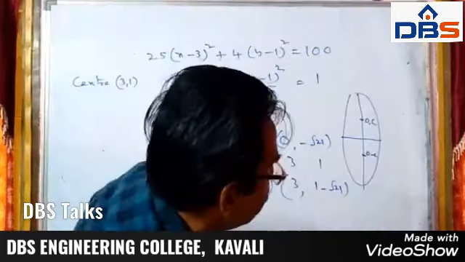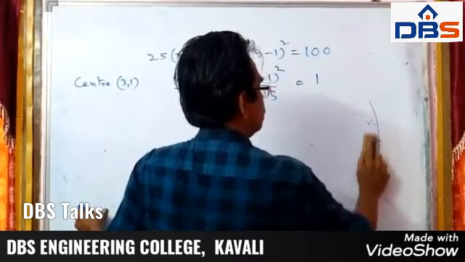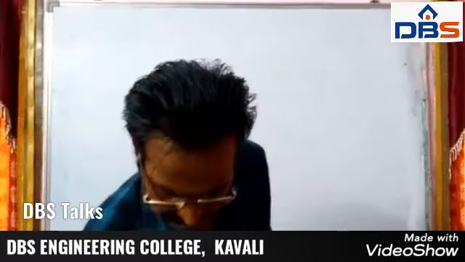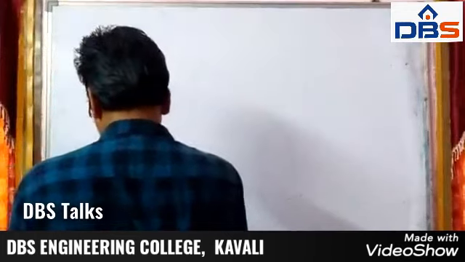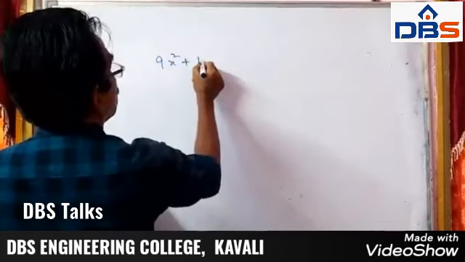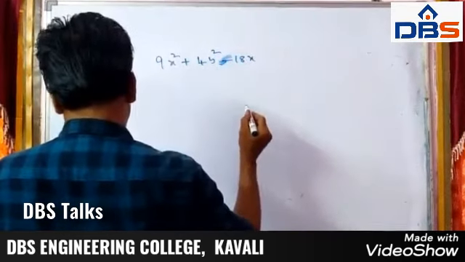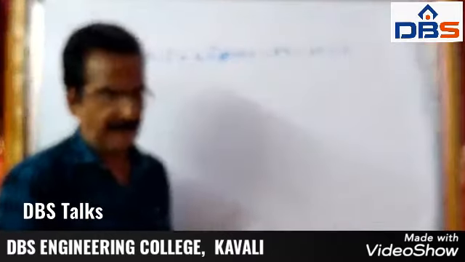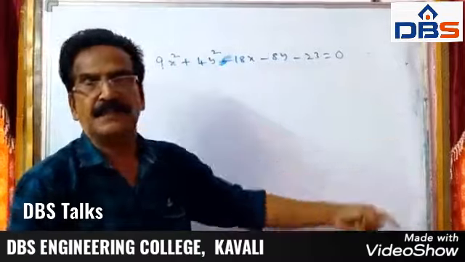Okay friends, let us do one more problem. The equation of the ellipse is 9x square plus 4y square minus 18x minus 8y minus 23 is equal to 0.